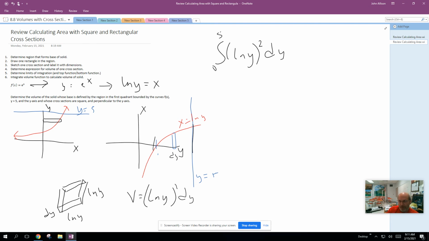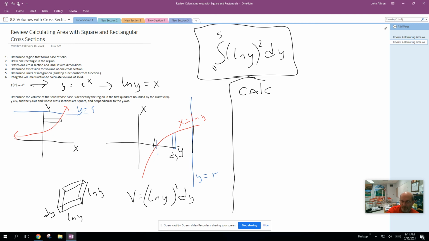If we're going to integrate this in a calculator, remember the calculator won't understand y as a variable, so we are going to change that y to x when we integrate in the calculator. So this is just for entering in the calculator. This is what you would write on your FRQ response. But what we're going to write in the calculator is 0 to 5. We're going to open a new set of parentheses, do ln y squared, close a new set of parentheses.